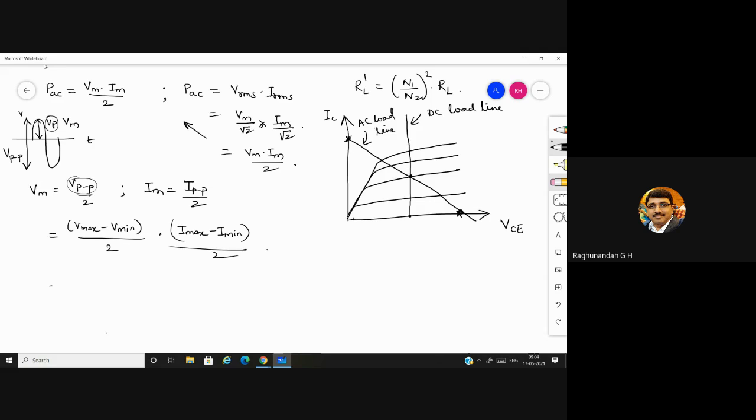So this part I'm writing as max minus min, max minus min. That is the actual value, V max, V min. If you subtract these two, you'll get peak to peak. So divide by 2, you'll get peak voltage. Take this as equation number 1 and this as equation number 2. So substitute 2 in 1. Sorry, this is for Vm, this is for Im.